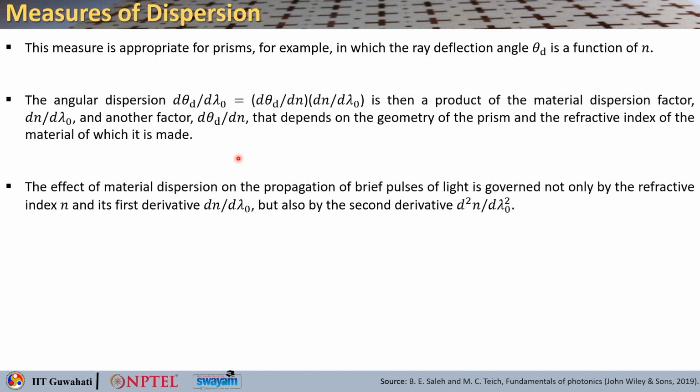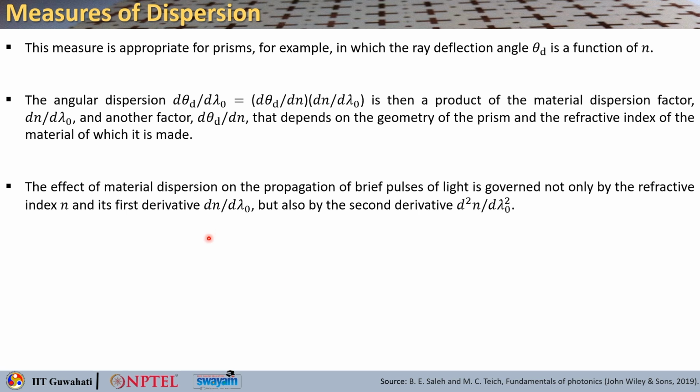The effect of material dispersion on the propagation of brief pulses of light is governed not only by the refractive index n, but also by the first derivative dn divided by d lambda naught, and sometimes also by the second derivative d square n by d lambda naught square. So, all these parameters affect the light propagation.